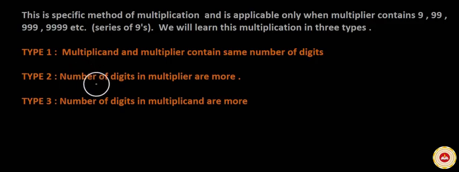Second type is when the number of digits in the multiplier are more, that means the number of 9s in the multiplier are more. Third type is when the number of digits in the multiplicand are more, that means the number of 9s in the multiplier are less. So let us read the algorithm of these 3 types and practice sufficient number of examples.